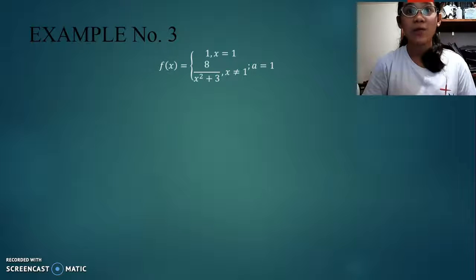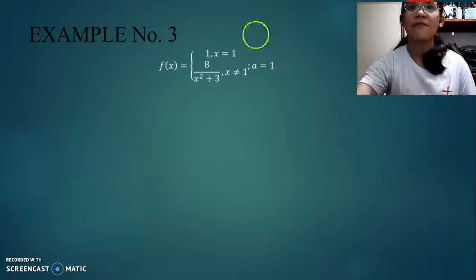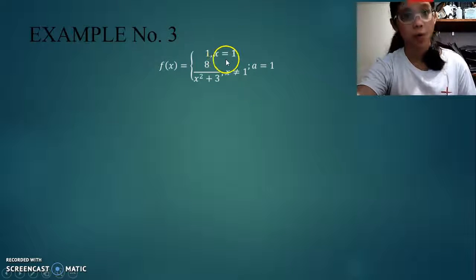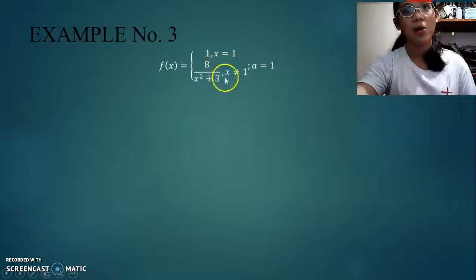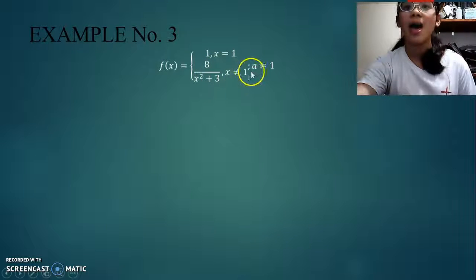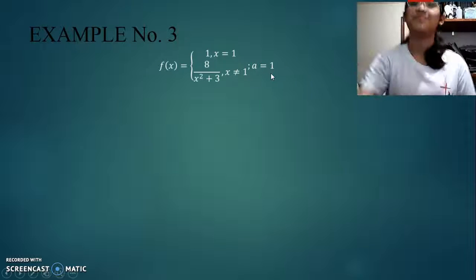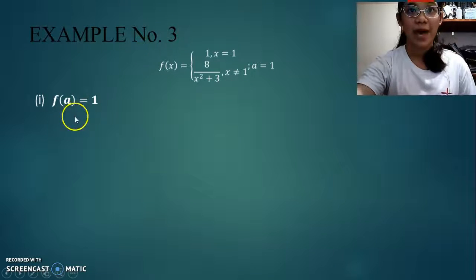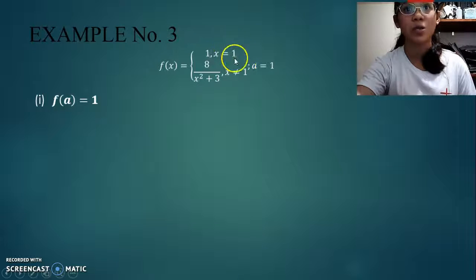Again, we are given a piecewise function. F of x is equal to 1 with the condition x is equal to 1, and 8 over x squared plus 3 with the condition x is not equal to 1. And point A is equal to 1. So, first condition, f of A. Since x is equal to A and A is equal to 1, x must also be equal to 1.